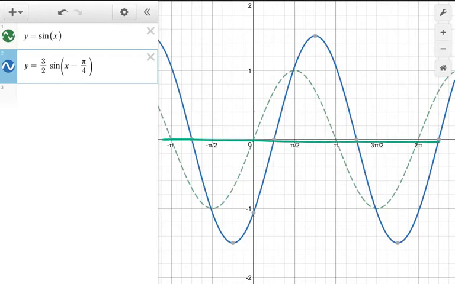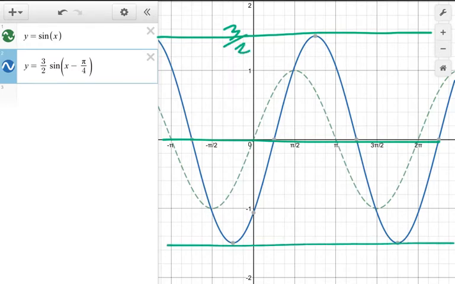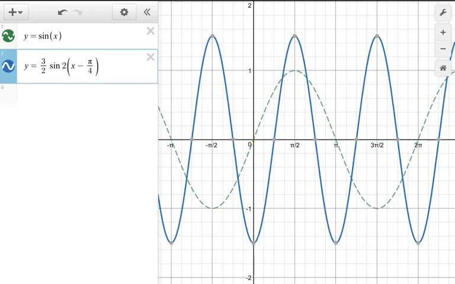My midline is still the same, but my maximum has gone up to 3/2, and my minimum has gone down to negative 3/2. So that's 3/2 units above the midline and 3/2 units below the midline. I've also shifted my starting point pi over 4 units to the right. So I'm looking for where that sine curve intercepts the midline and then travels up. And so that's a starting point for me.